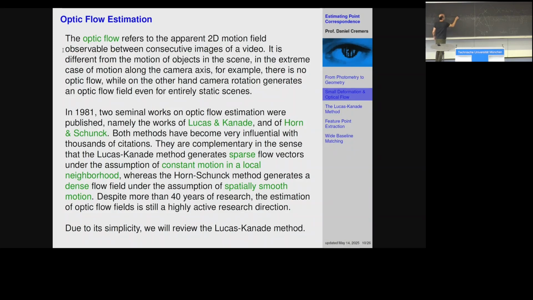What optical flow refers to is the apparent motion, the perceived motion in the image plane. That is what the flow is. Now you'd say, what's the difference? Well, let's say you have a camera and I move towards the camera. Then there is a motion in the Z direction that you cannot observe, because from that vantage point, things don't change much.